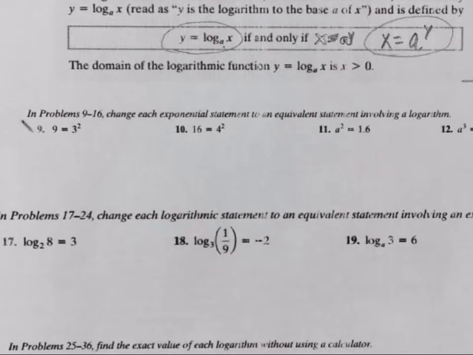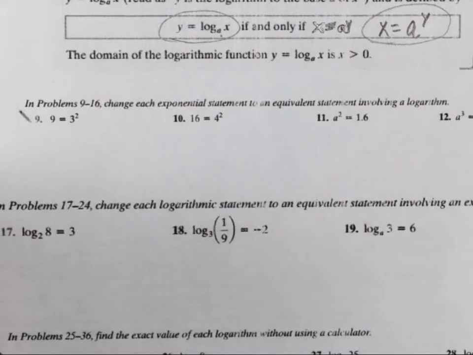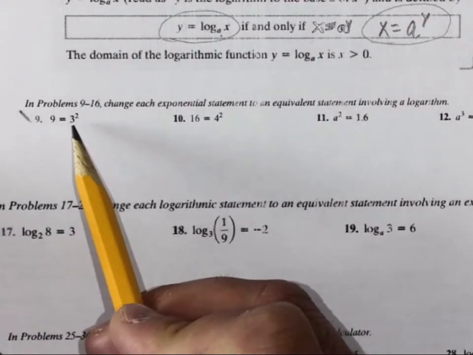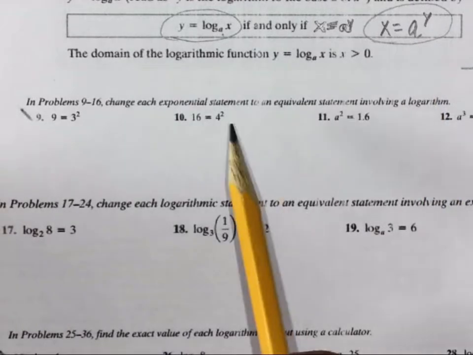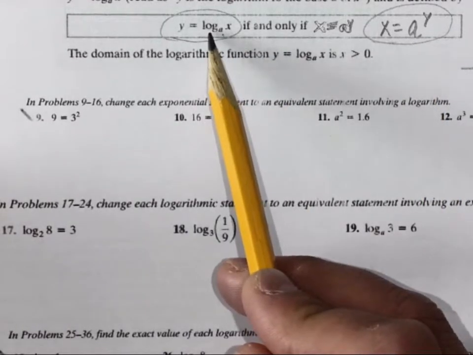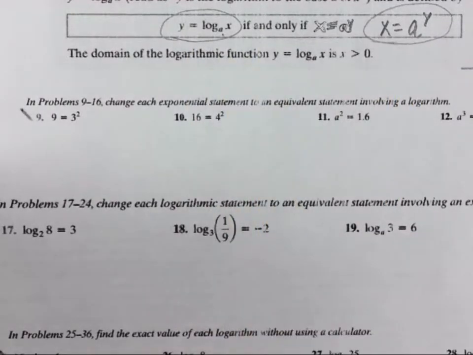So let's take a look at working through some examples so you guys have plenty to use as a reference. So this is an exponential notation, right? And I'm trying to write this into a logarithmic notation. So I'm essentially trying to go from x equals a to the y to y equals log base a of x.